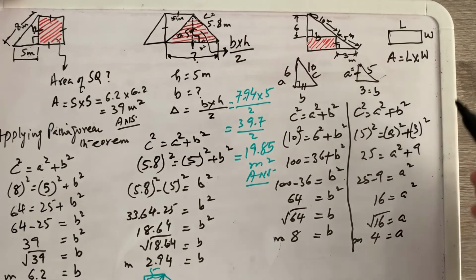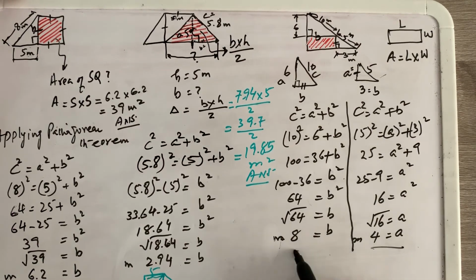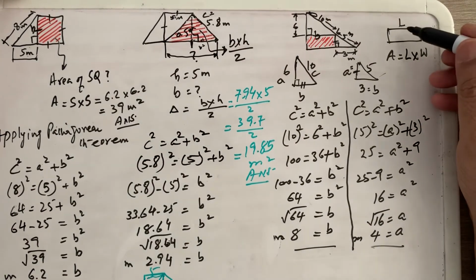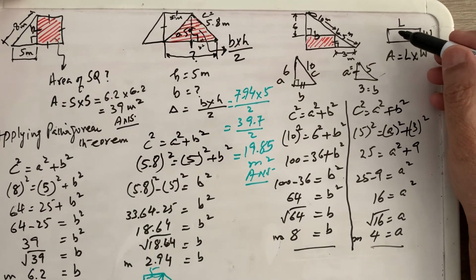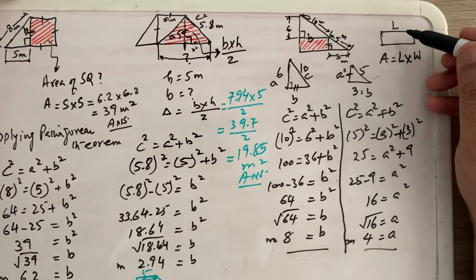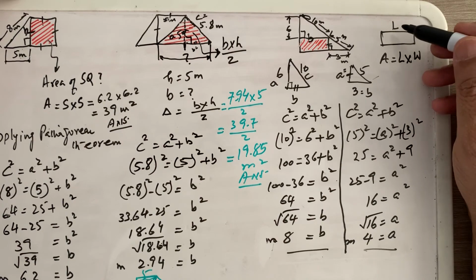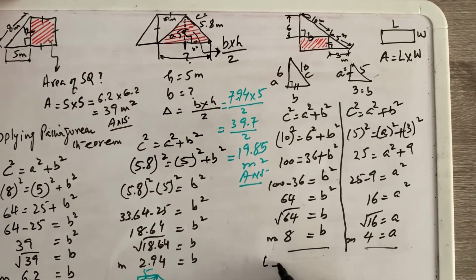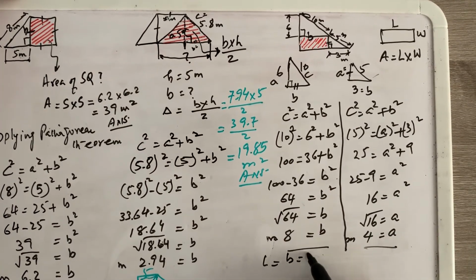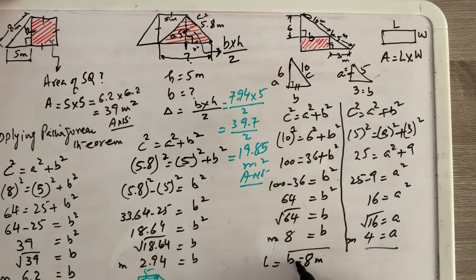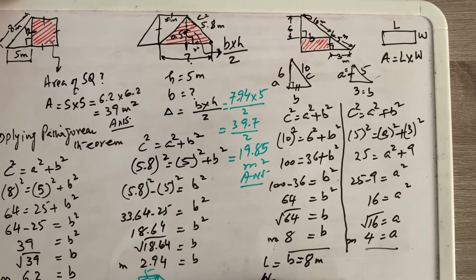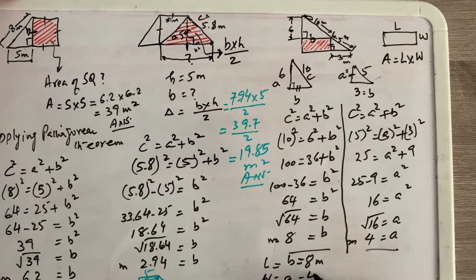So in this way, by using the Pythagorean theorem two times, on the smaller triangle and the bigger triangle, we find the dimensions we require for calculating the area of the unknown rectangle. Now I know my L, because L is nothing but b, so L is equal to 8 meter. The width of the rectangle is equal to a, which is 4 meter.